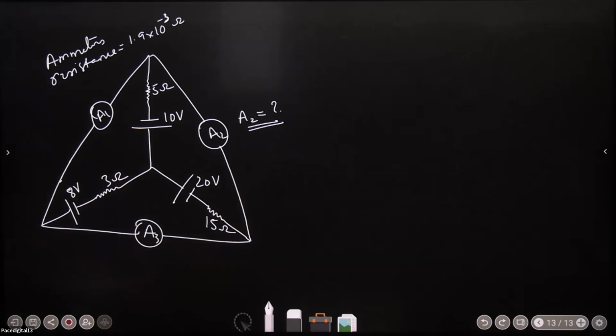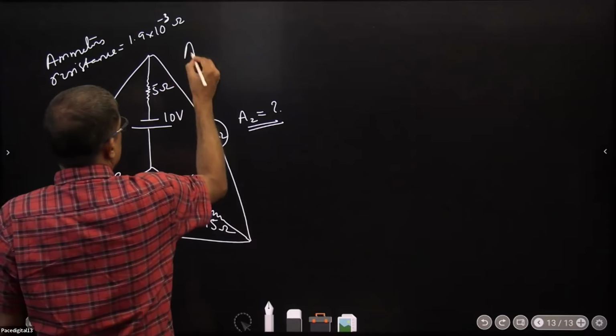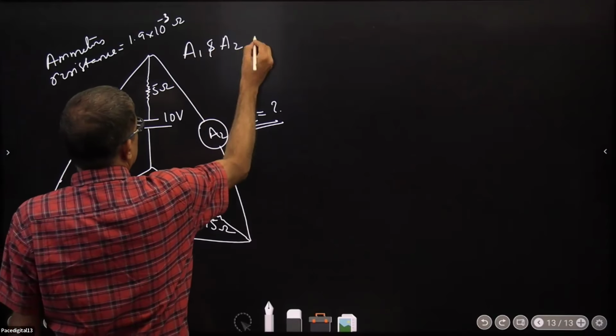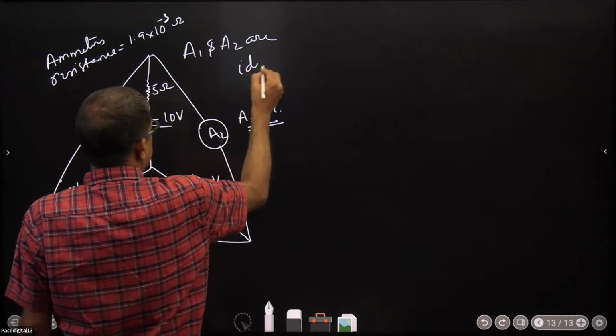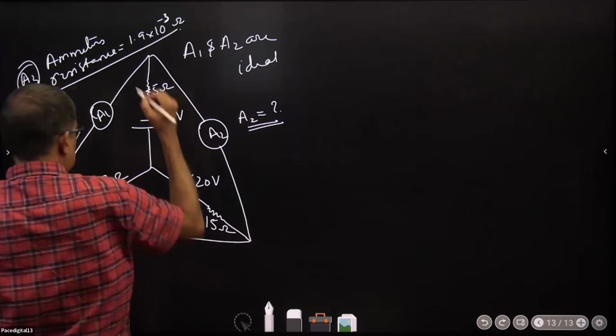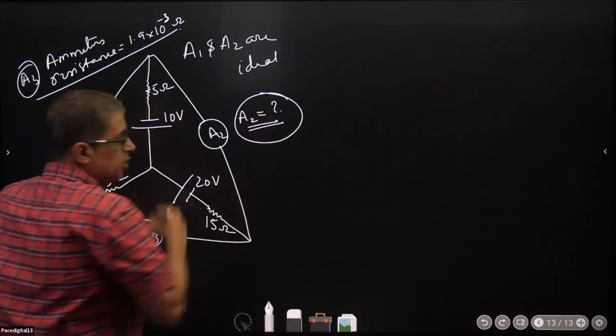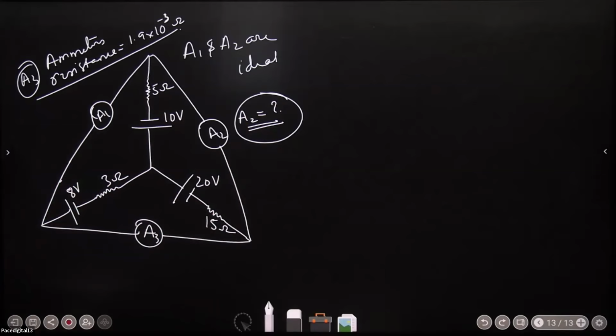All three ammeters A1, A2 and A3 are ideal, sorry, one correction: A1 and A2 are ideal. A3 resistance is 1.9 into 10 raised to minus 3 ohms. Find the reading of the second ammeter A2.